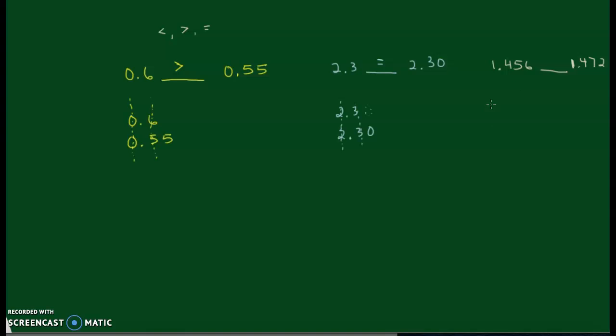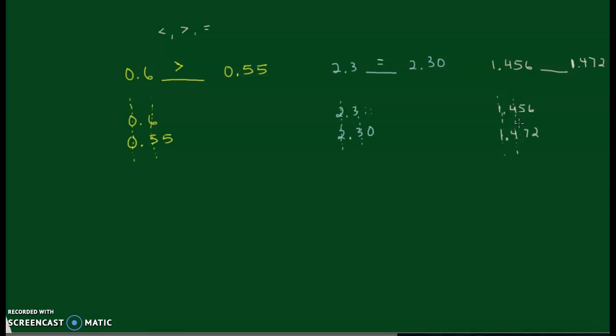And then we'll move on to our last set of numbers out here. So we have 1 and 456 thousandths. And we're going to compare that with 1 and 472 thousandths. So I start with my whole numbers, and the ones place is equal. So I move to the tenths place.